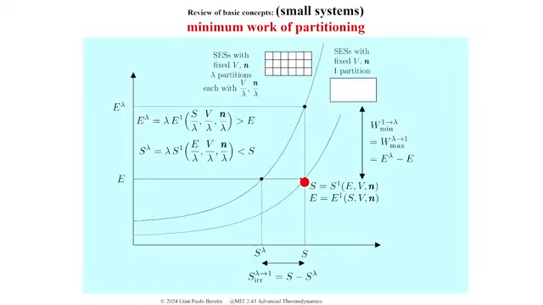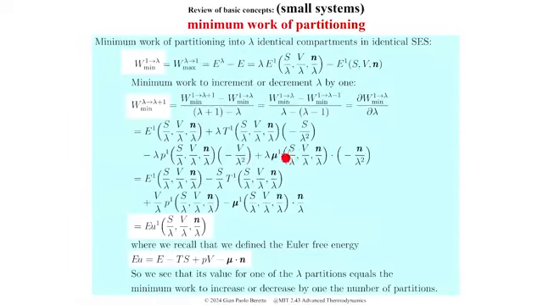So E lambda minus E, and this is instead E1, fundamental relation of a system without partitions, evaluated at the value of the entropy of the overall system, which is essentially lambda times the entropy that is in each partition. Okay, so this is this difference.